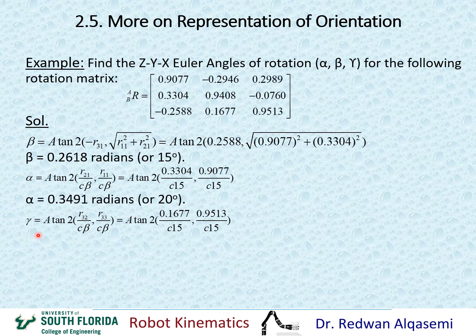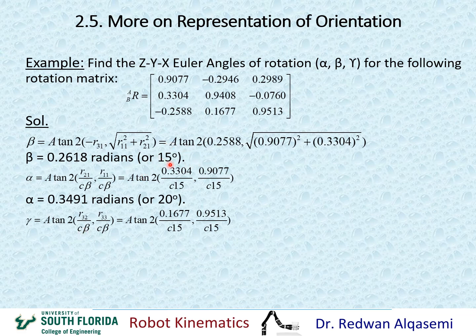Now for gamma, the equation for it is atan2 of R32 divided by cosine beta and R33 divided by cosine beta. I already know R32. This is my R32 here. Okay, so I take this and I place it right here and divide this by cosine beta.